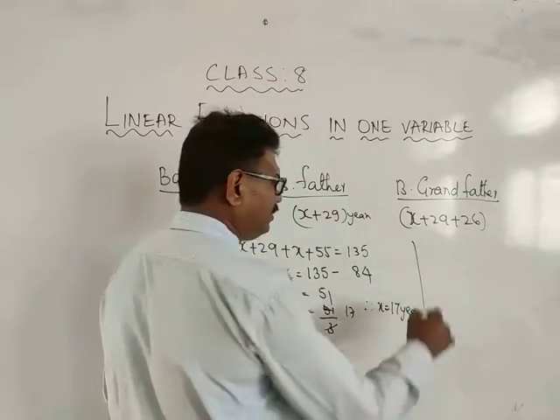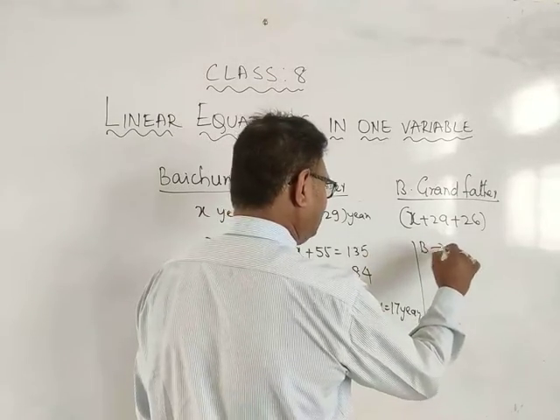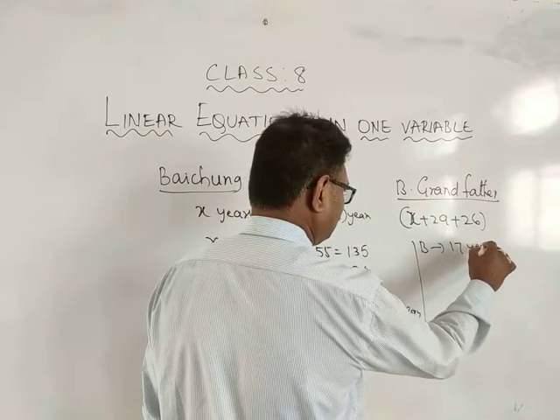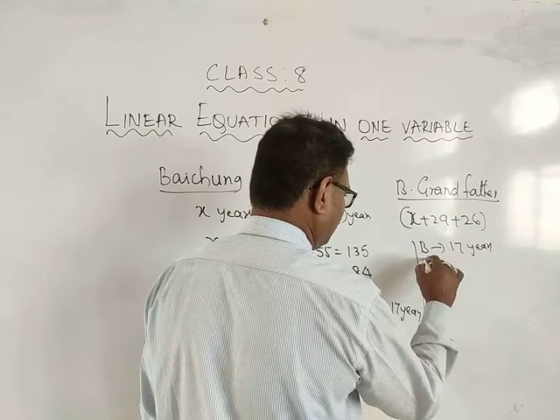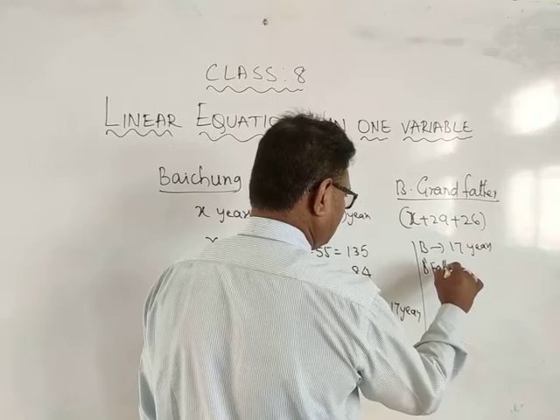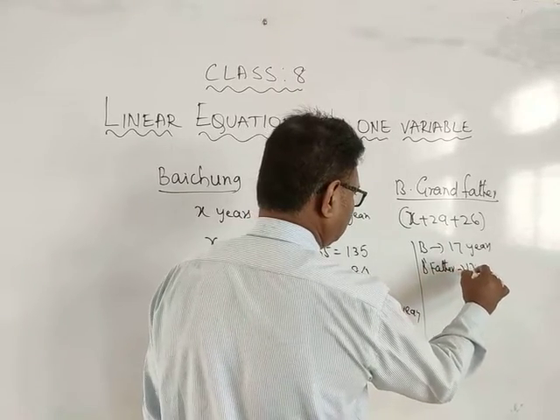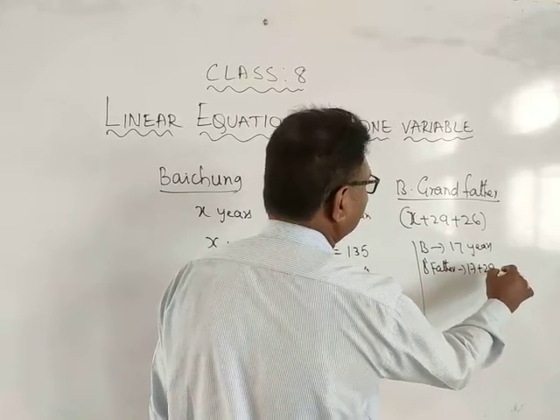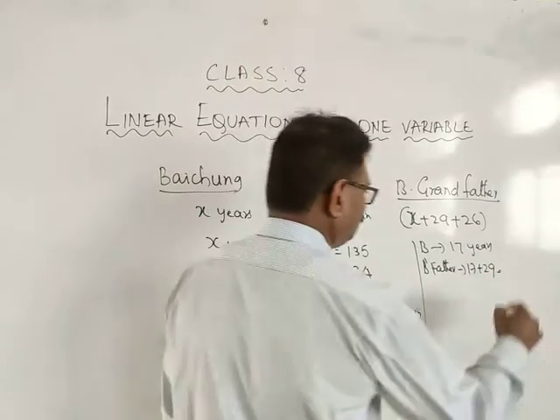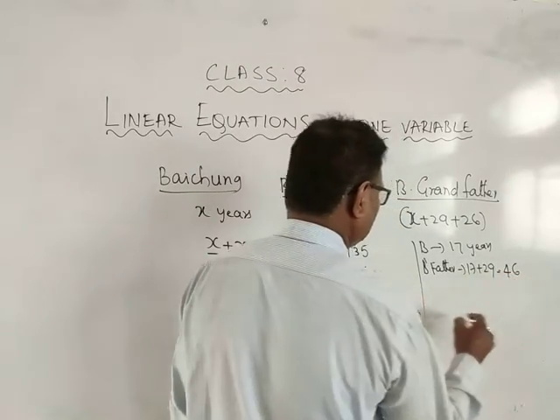Therefore you can write Baichang's age is 17 years. Baichang's father: 17 plus 29 is equal to 46.